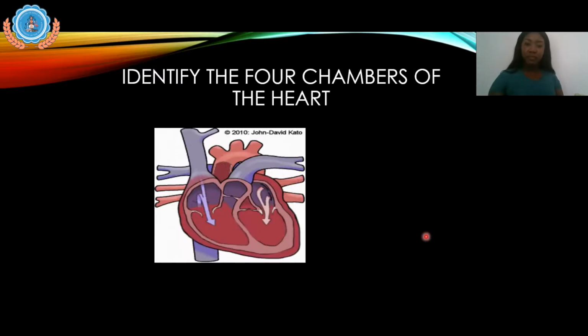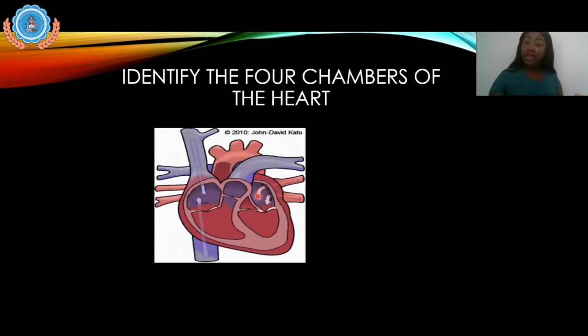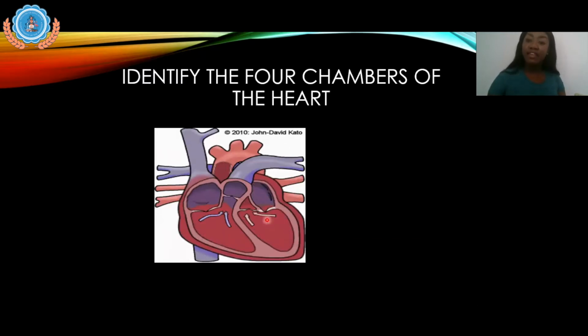Okay? So this will be our left atrium. This will be our left ventricle. This will be our right atrium. This will be our right ventricle.